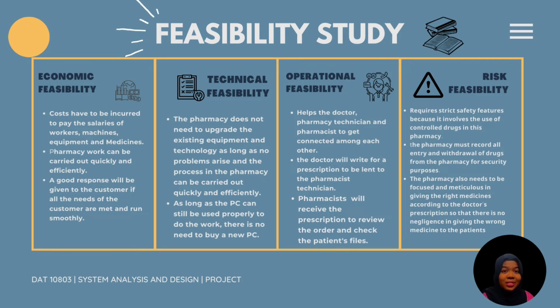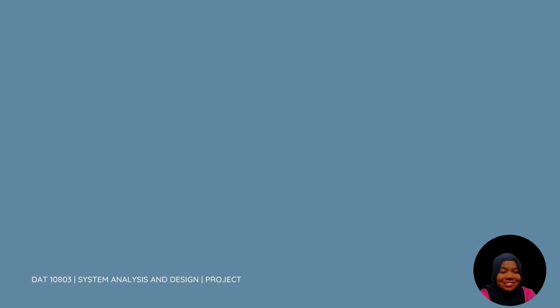Lastly, risk feasibility requires strict safety features because it involves the use of controlled drugs in the pharmacy. The pharmacy must record all entry and withdrawal of drugs for security purposes. The pharmacy also needs to be focused in giving the right medicine according to the doctor's prescription, so there is no negligence in giving the wrong medicine to the patient.